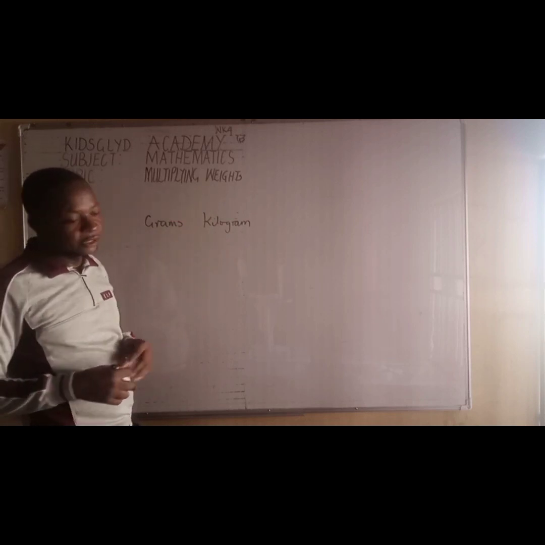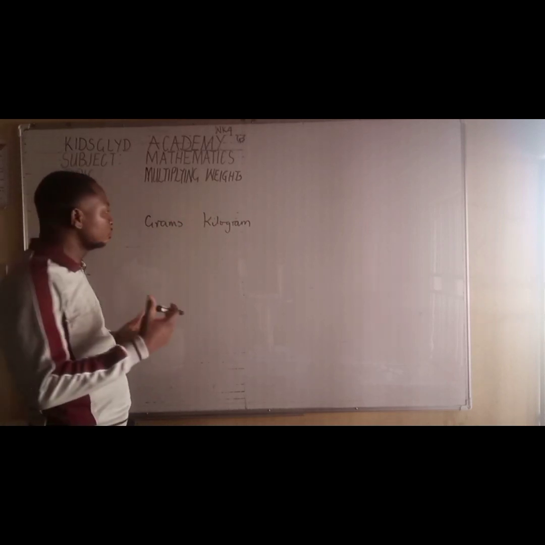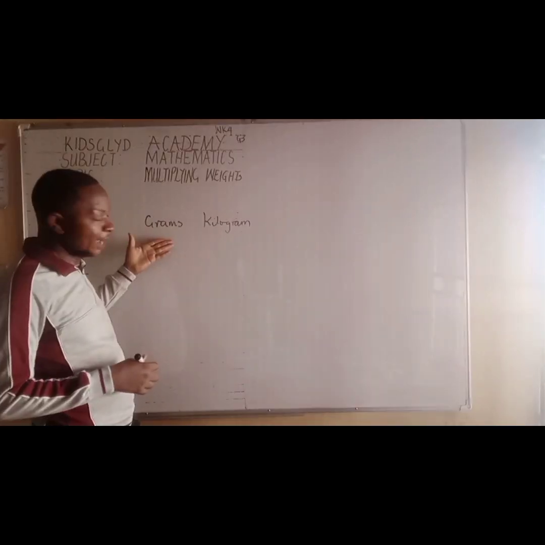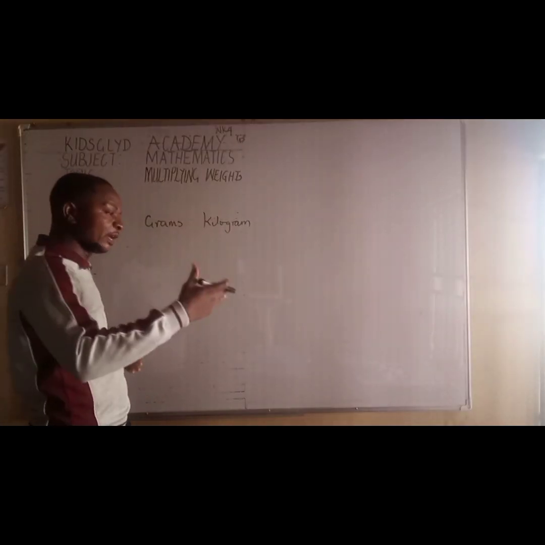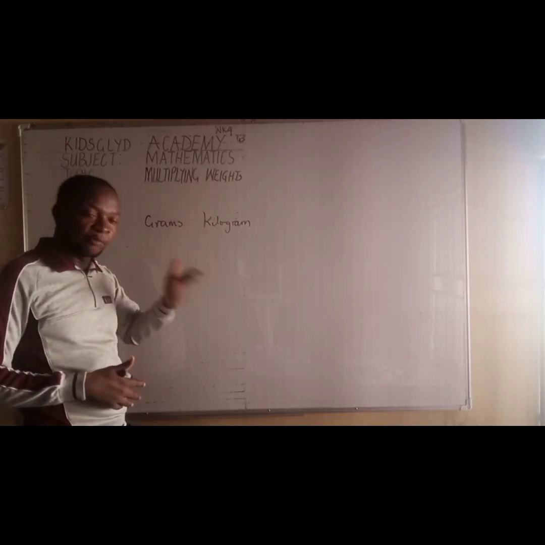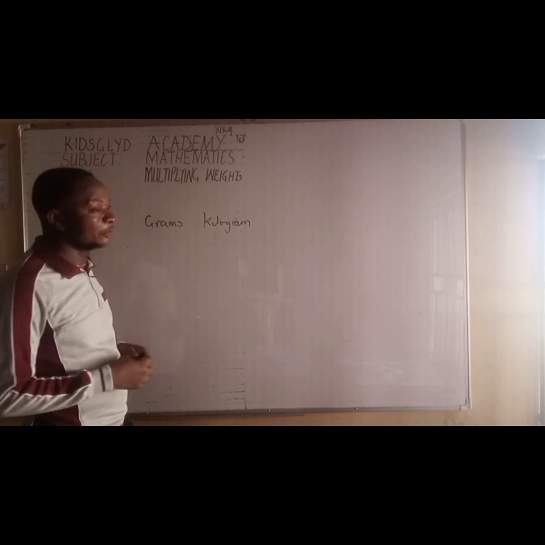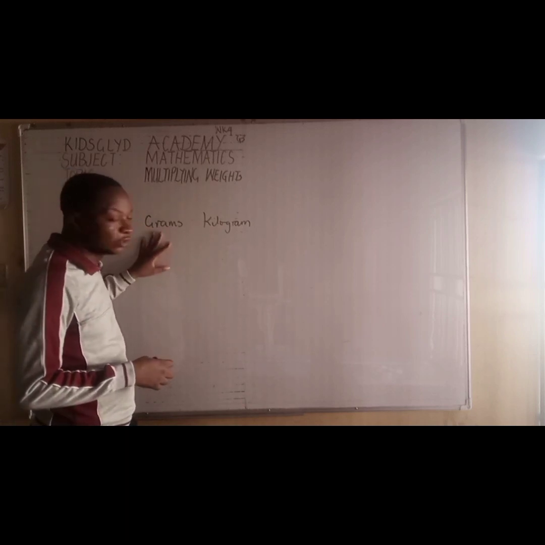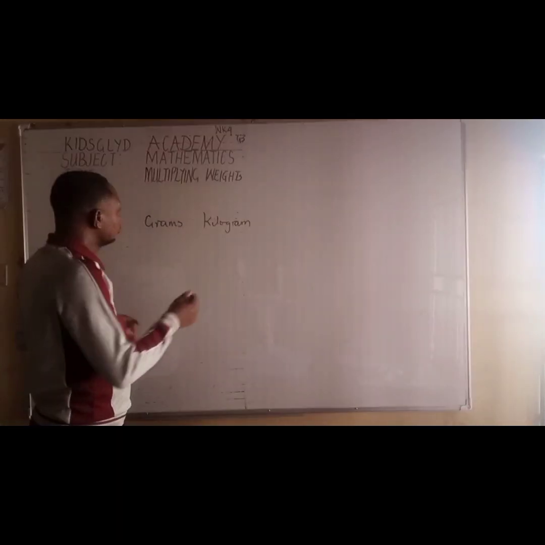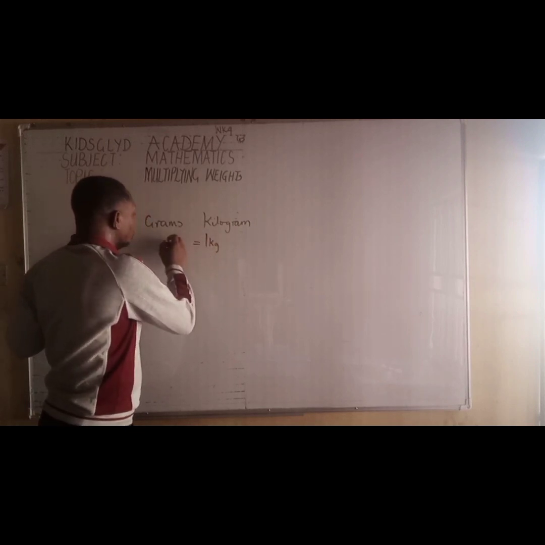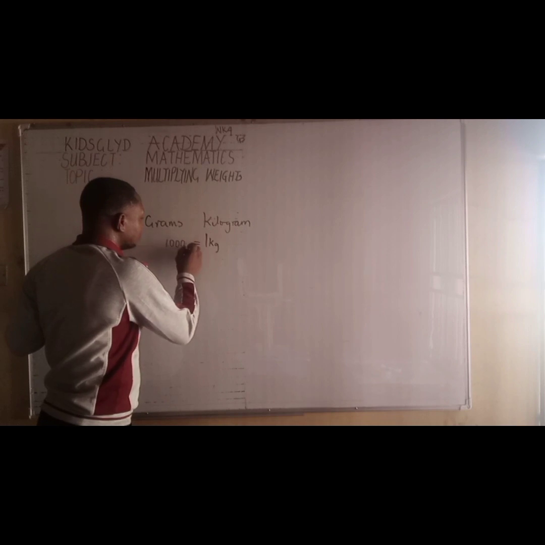Before we proceed, we should know the difference between gram and kilogram. Anything kilo is higher, just like kilometers are higher than meters. So kilograms are higher than grams. 1 kilogram is equal to 1,000 grams.